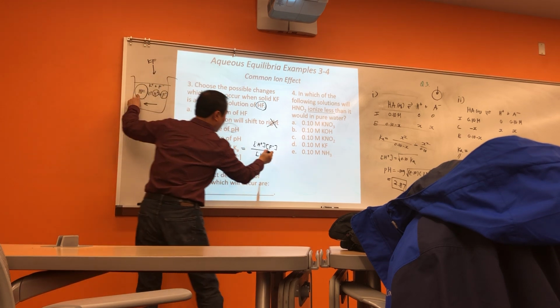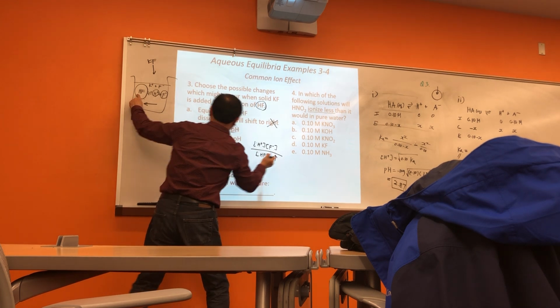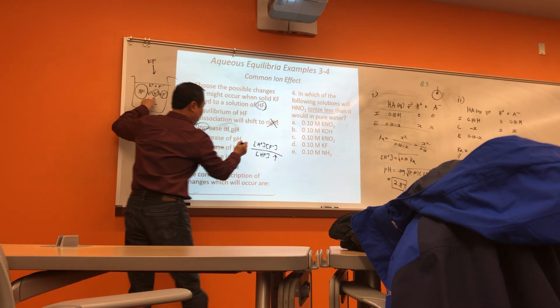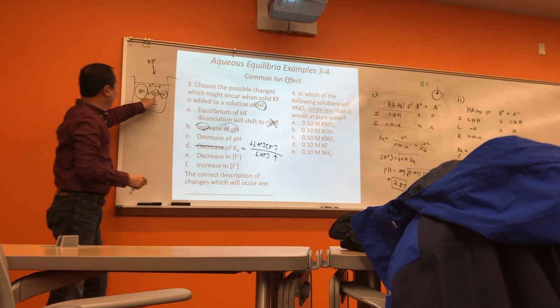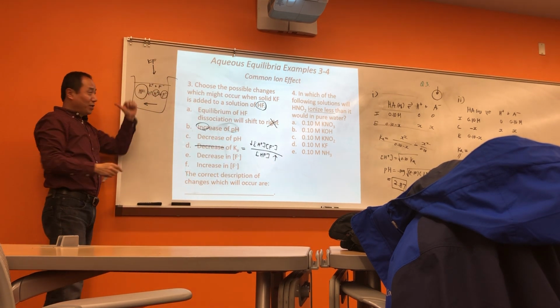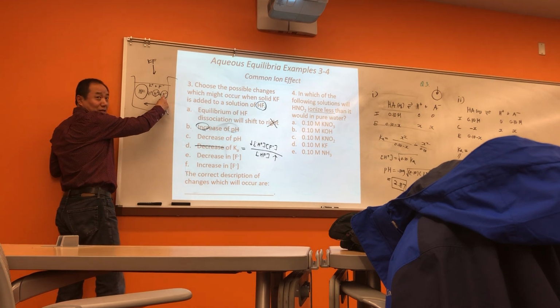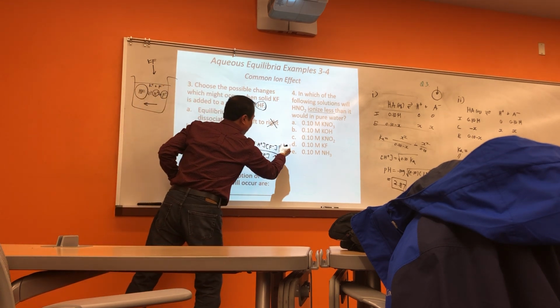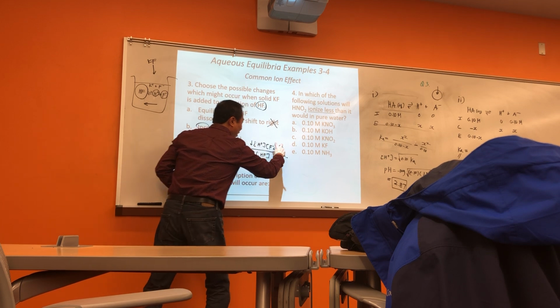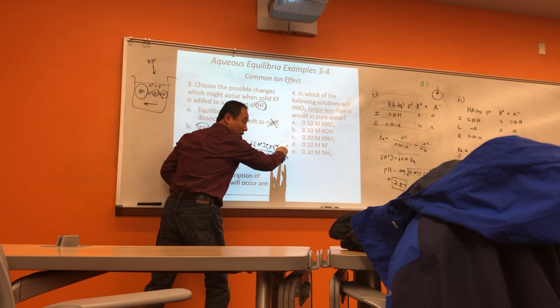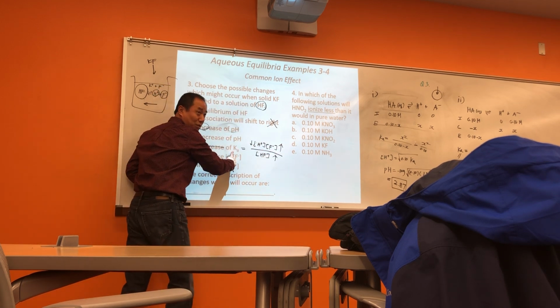So obviously this guy increased, that's true. This guy decreased, that's also true. But what about fluoride? If you shift this way, the original fluoride amount will be decreasing. But you added more extra fluoride. So overall fluoride actually increased, and then everything is balanced, and K does not change.